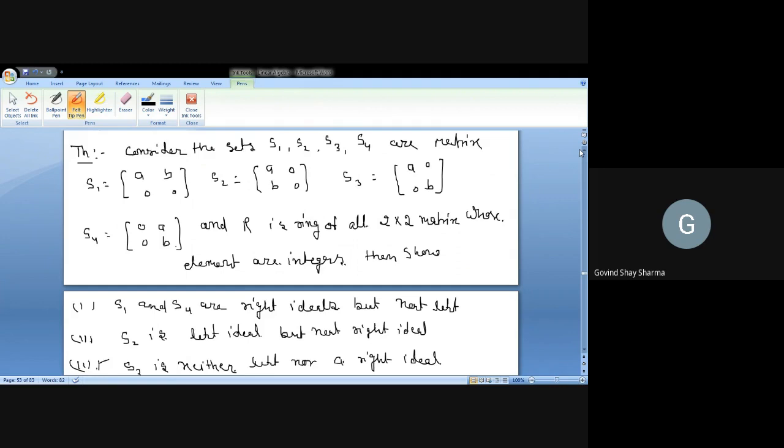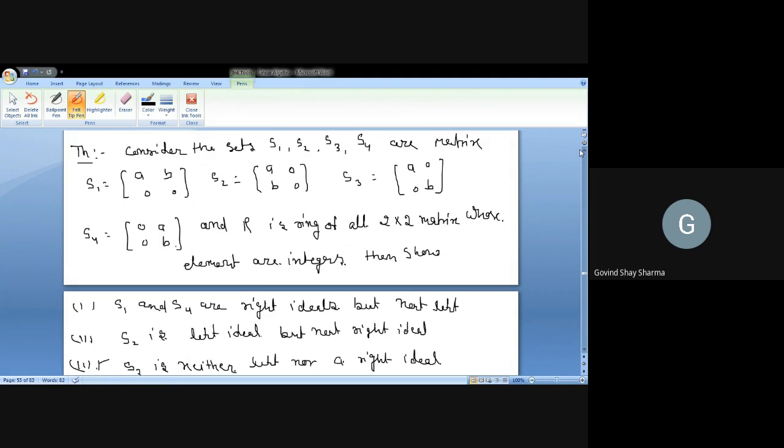Consider the sets S1, S2, S3, S4 of matrices. S1 is (a b; 0 0), S2 is (a 0; b 0), S3 is (a 0; 0 b), and S4 is (0 a; 0 b). And R is the ring of all 2 by 2 matrices.